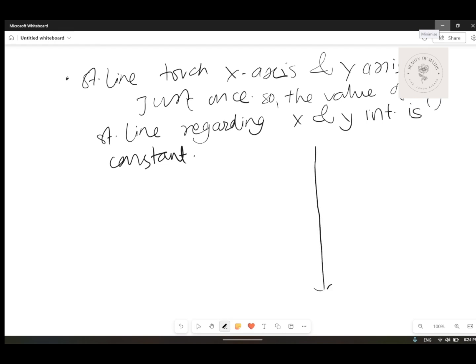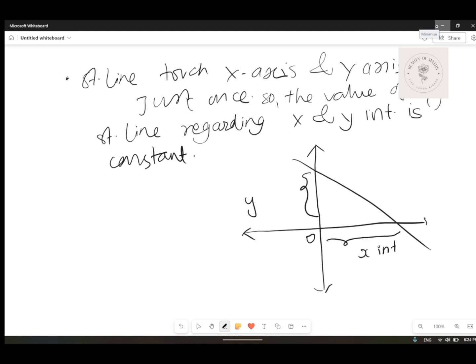You remember I did this drawing before this? So this guy here is its x-axis, x-intercept, and this guy here is its y-intercept. Now, the slope of a line, can anyone tell what it might be?